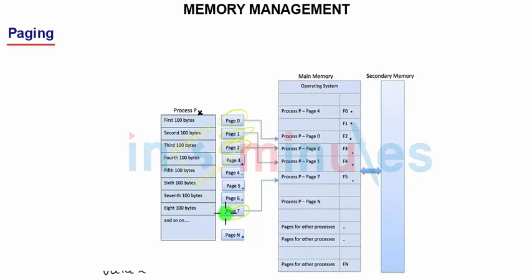Now these pages are kept at different locations in our RAM, and that would be used later on for the operation. So the concept of paging should be very simple by now.